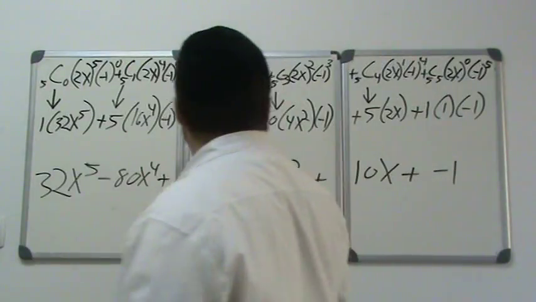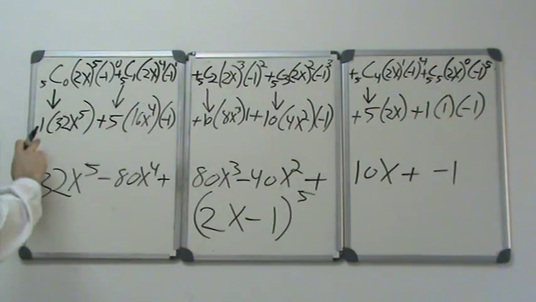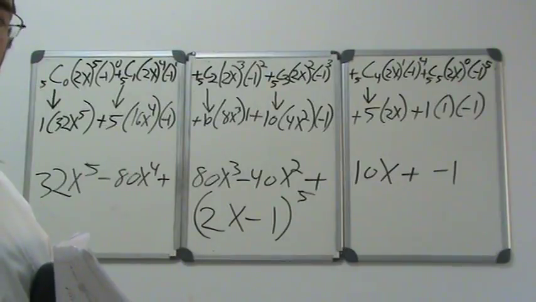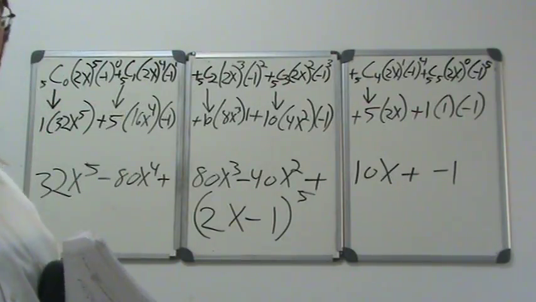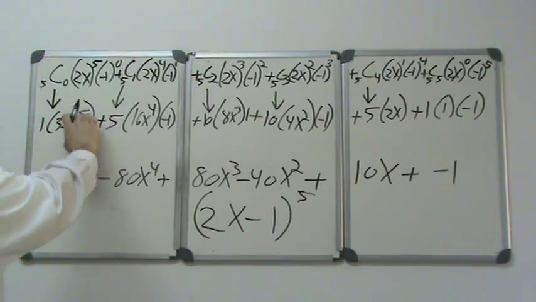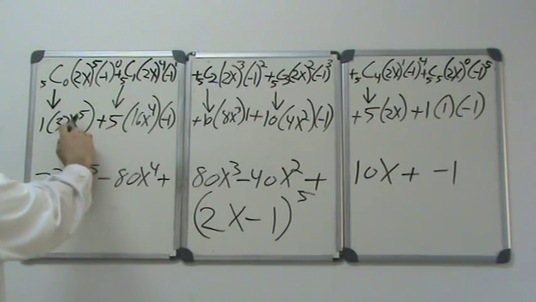Now let's work this out. 5 combination 0 is 1 times 32x to the 5th power, because 2 times 2 is 4, times 2 is 8, times 2 is 16, and finally times 2 for the 5th time is 32. So it's 1 times 32, and x to the 5th power is x to the 5th power.